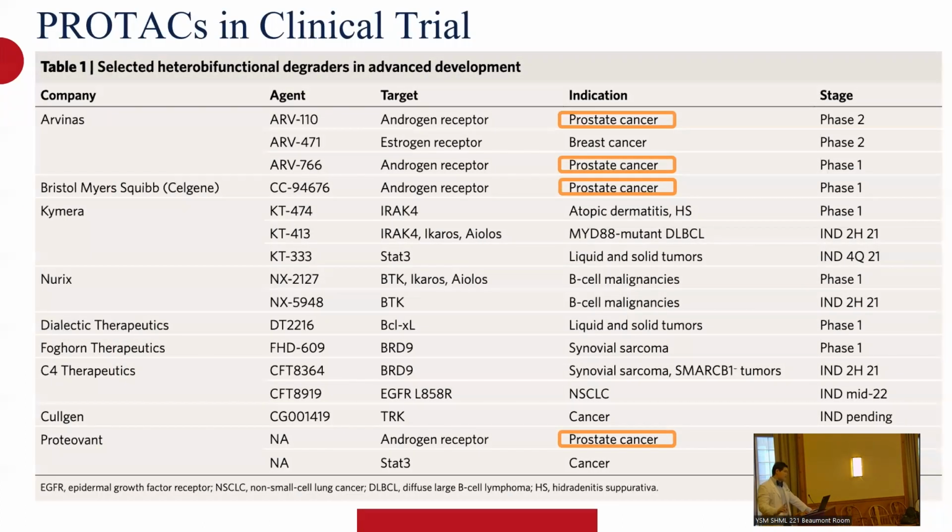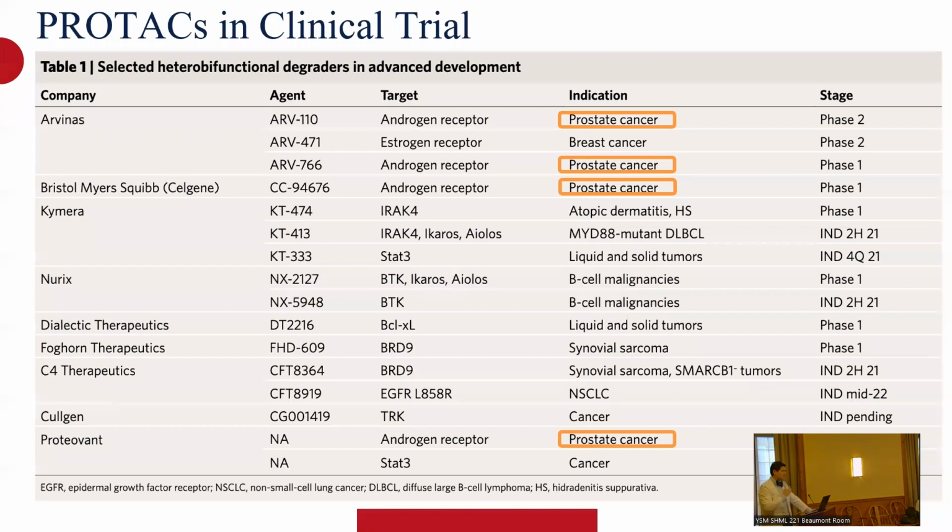Last slide. I just want to illustrate that there are many PROTAC drugs coming on the horizon, with quite a few going through clinical trials and a few that are being developed right now. The prostate cancer drugs: 2 from Arvinas, 1 from Bristol Myers Squibb, and 1 from Proteovant.